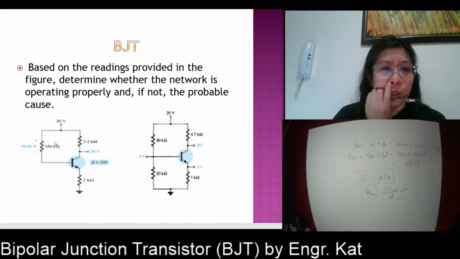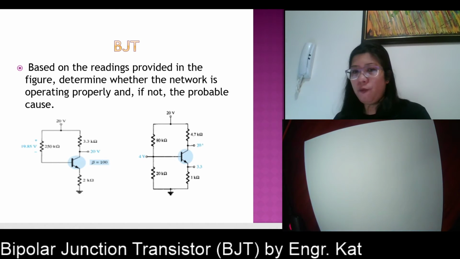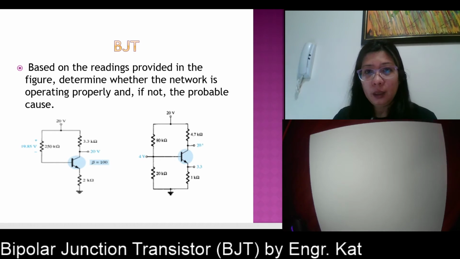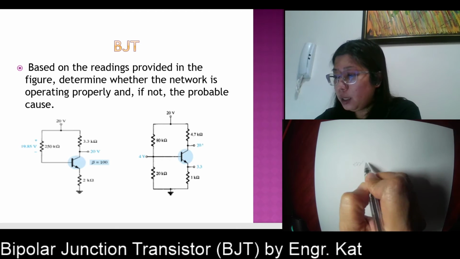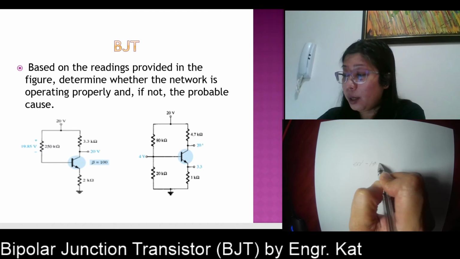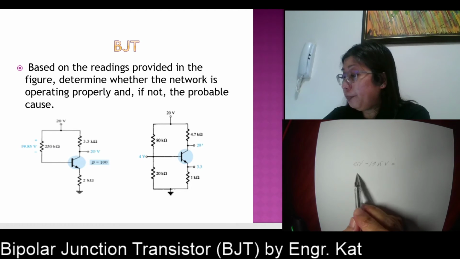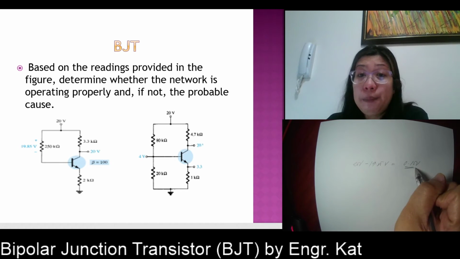But also here, all of the 20 volts is being placed here. So 20 minus 19.85. If we have here 20 volts, your VCC minus 19.85 volts, that means you only have around 0.15 volts remaining.